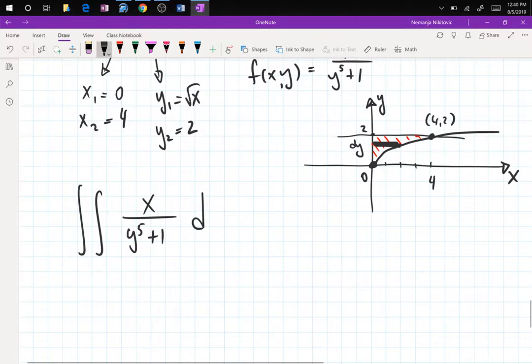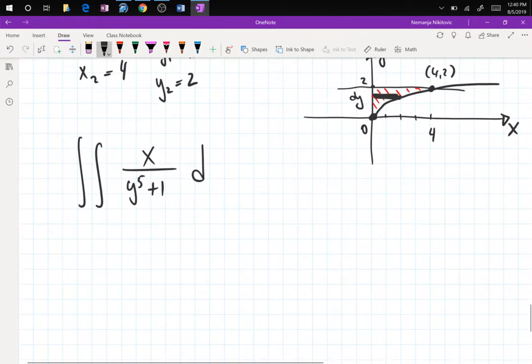It used to be dy dx, now it's going to be dx dy. Okay, so y goes on the bottom, 0, all the way to the top, which is 2, as it swipes from bottom up, from 0 to 2.